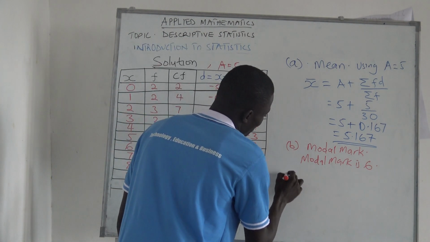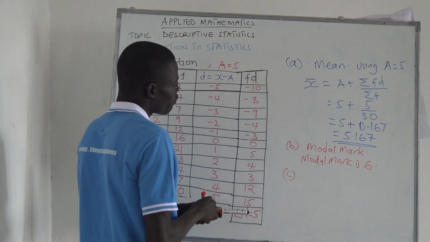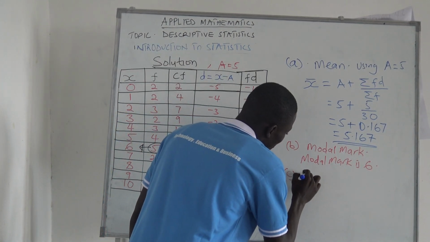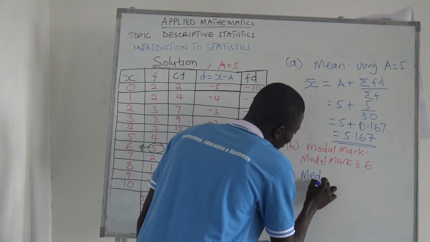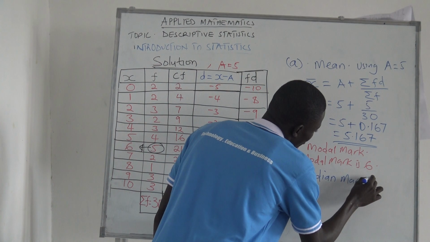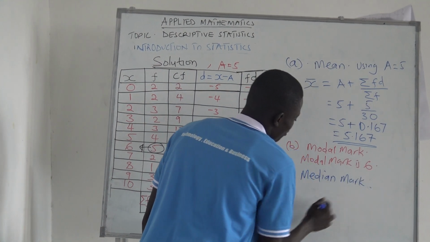And then part C is saying cumulative frequency. And part C says median mark or median value. Let us use median mark.